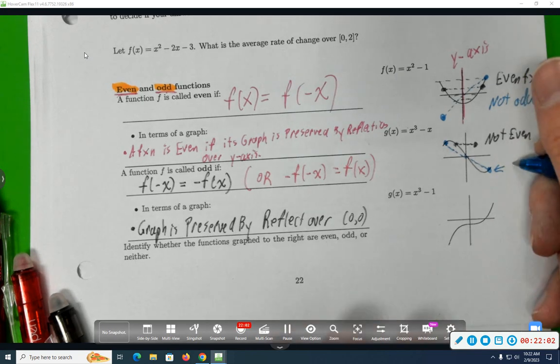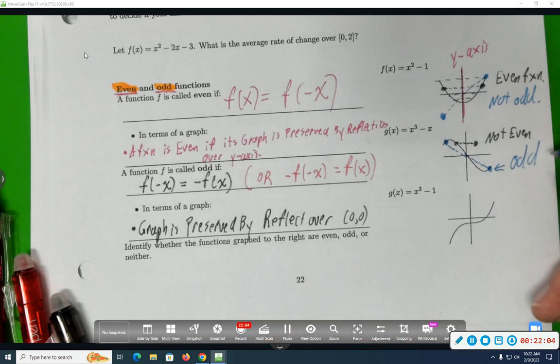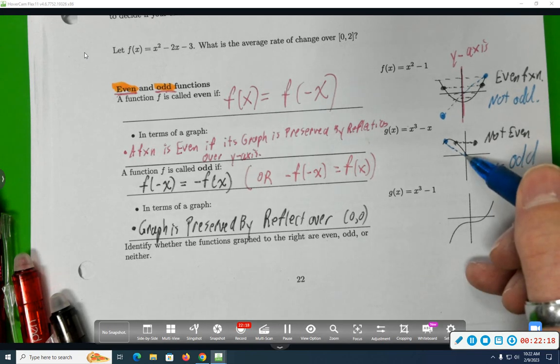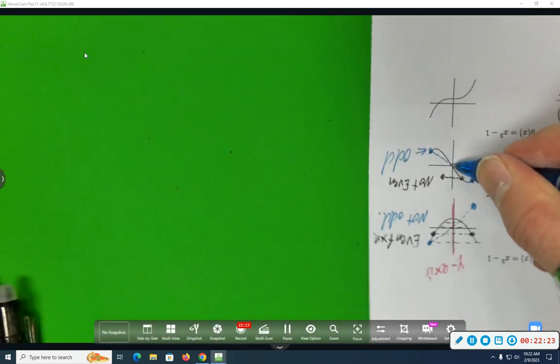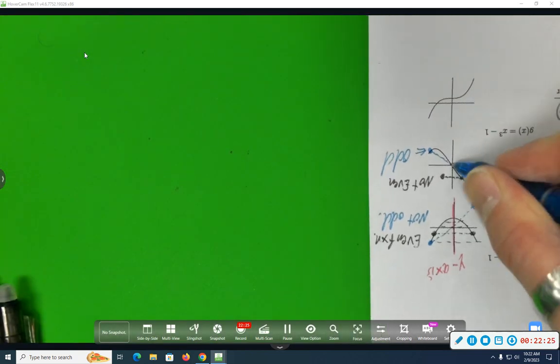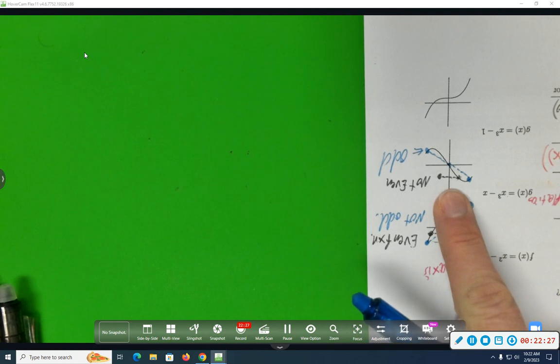So it is odd. And here's another way to check. You can reflect over the origin by pinning down the origin and rotating 180 degrees. So I will do exactly that. I'll pin down the origin and rotate my tape 180 degrees. Does that graph still look exactly the same as the graph you have? That means it's odd.